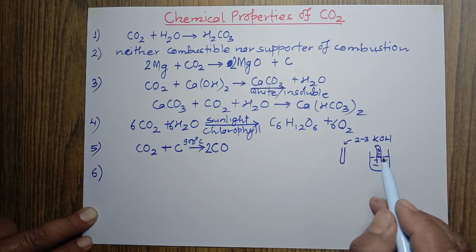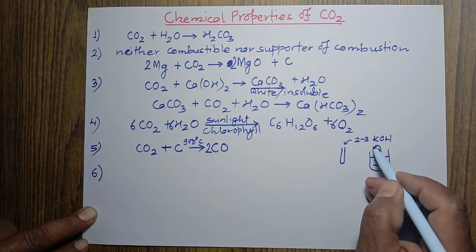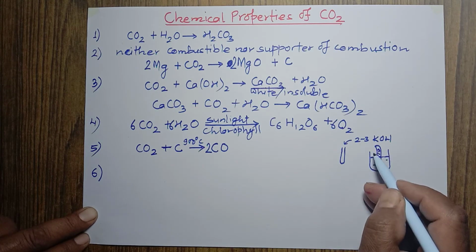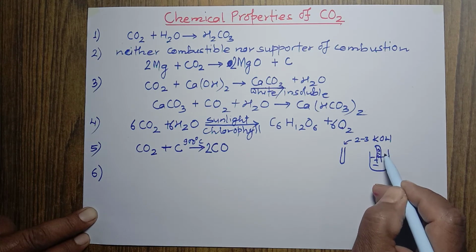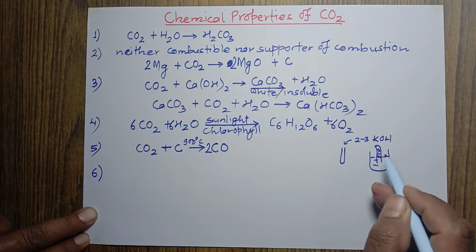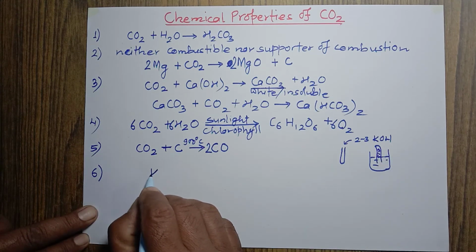Then what is seen when the level of water rises in the test tube? This is because of what? Absorption of carbon dioxide gas, which was previously present in the test tube, by KOH, and this can be represented by this chemical reaction.